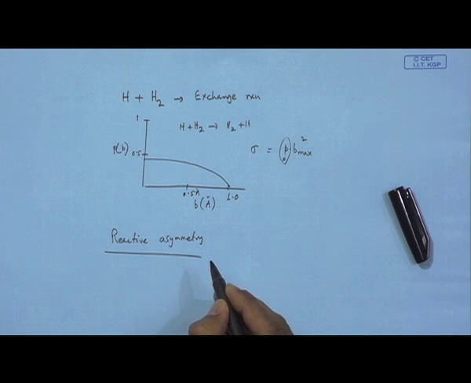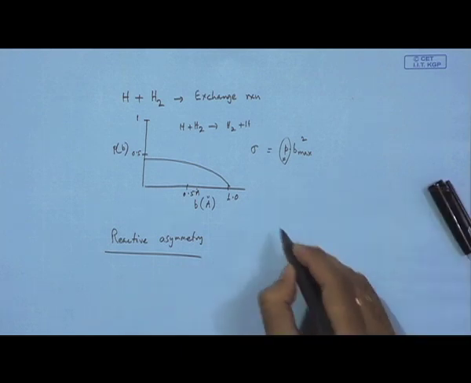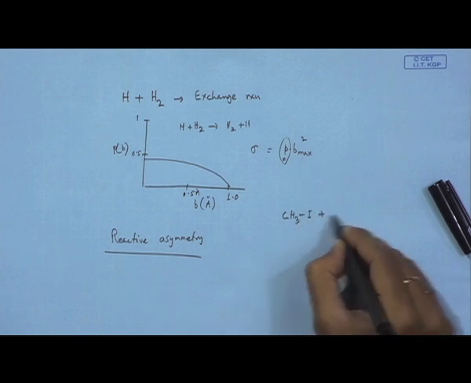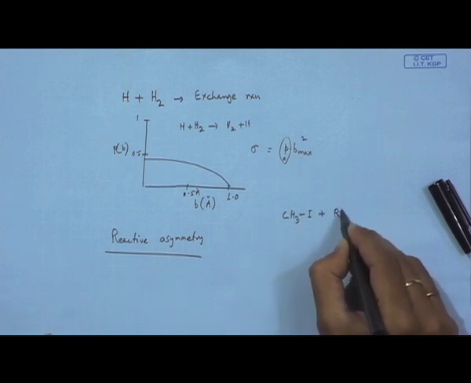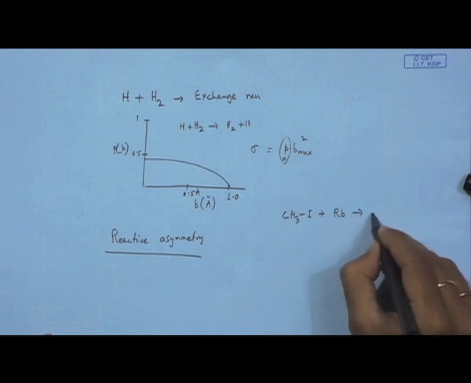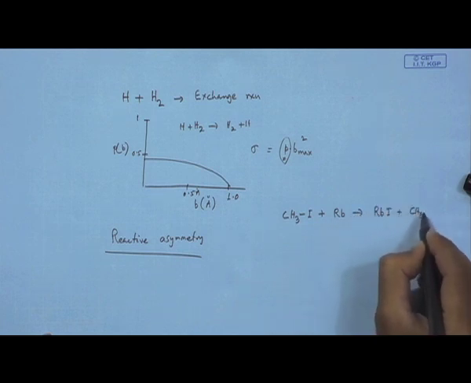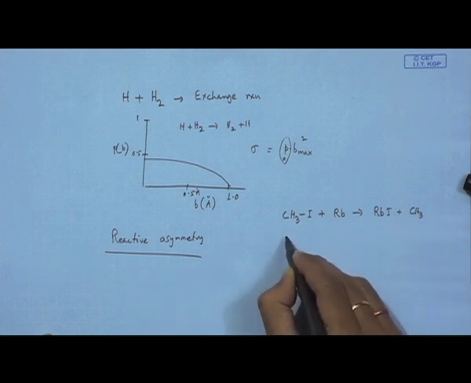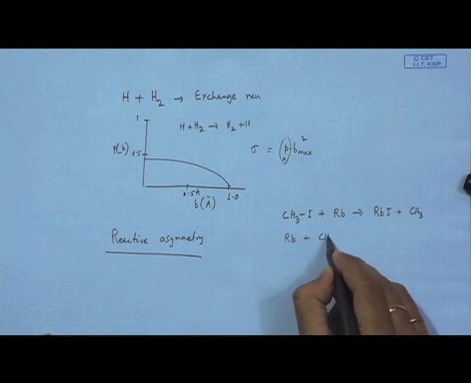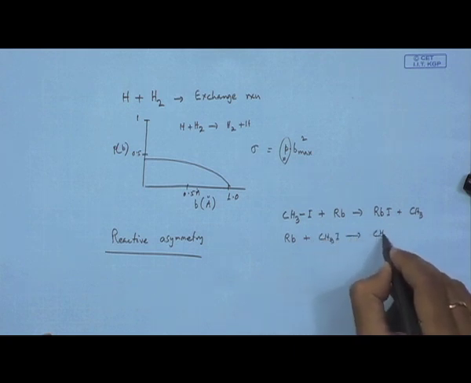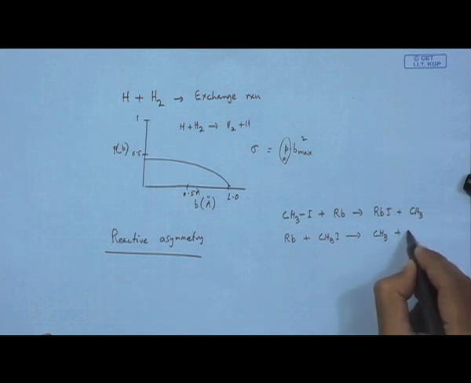Think of a reaction like CH3I plus rubidium giving rise to rubidium iodide plus CH3, of course in dot form, and another situation, Rb plus CH3I giving rise to CH3 plus RbI.